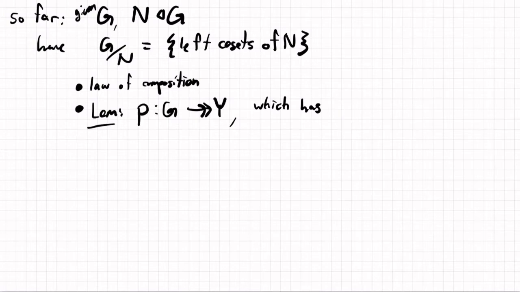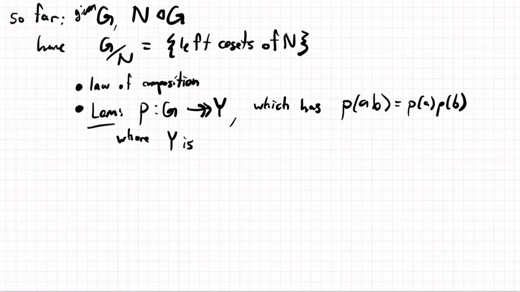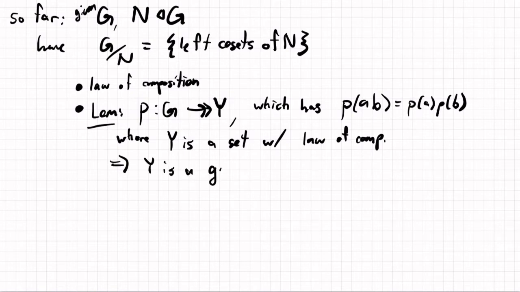So let's call it P, which has P of AB equals P of A, P of B, where Y might not be a group. Y is a set with a law of composition. And then the conclusion of the lemma was that Y is a group, and that P is a homomorphism.